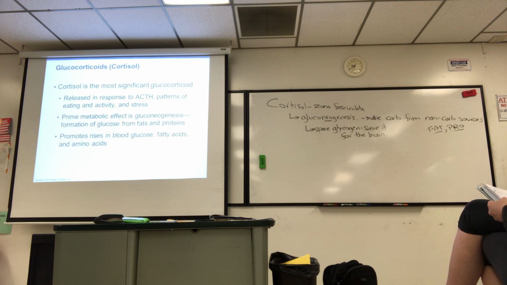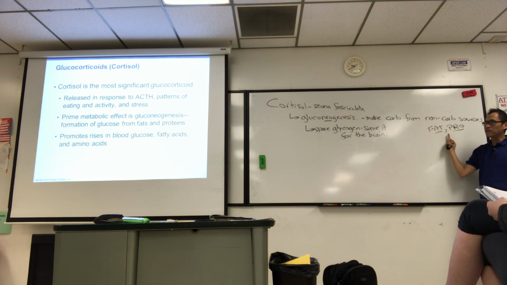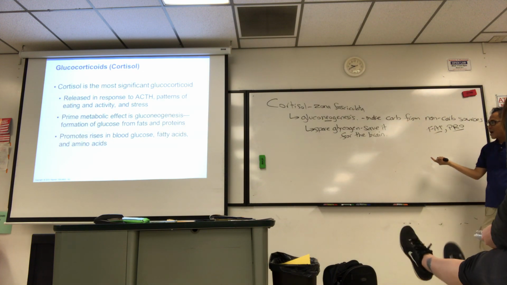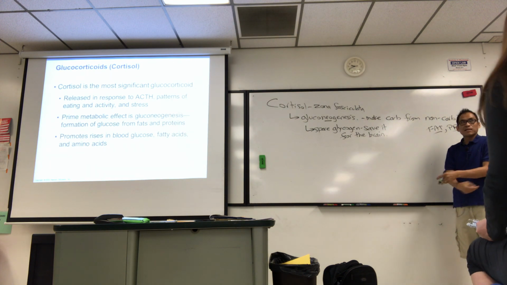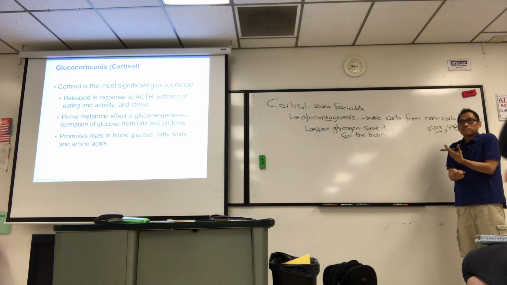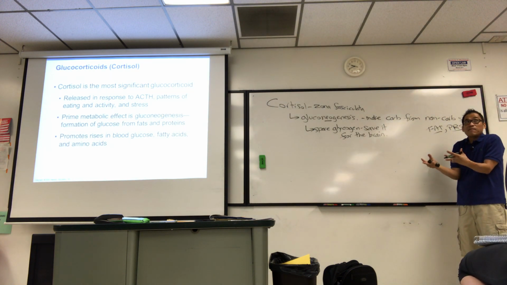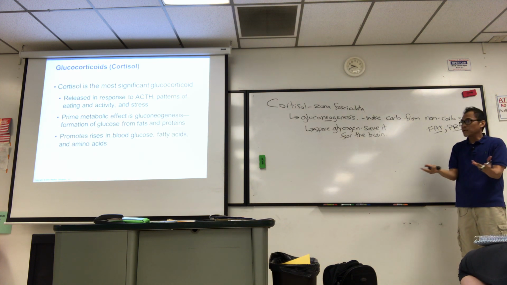Then you might think, well, if you have it, why don't you just use it all? If you have glycogen, just use it all and then do this. I guess the body doesn't think that way. I always think of it as, let's say you have a savings account, a few grand, and you want to save it for those unexpected expenses: your car breaks down, medical expenses, something like that. You don't want to use it.